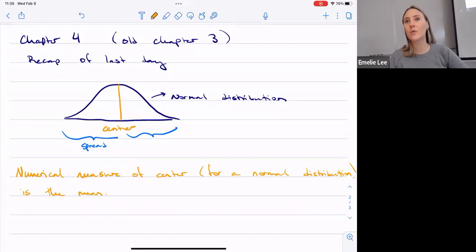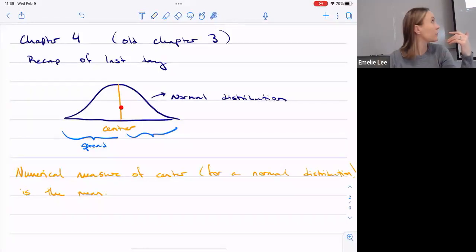Whereas if you have a non-normal distribution, which we're not going to talk about anymore today, then you should use the median as a more accurate measure of center, right? And so the numerical measure of center is the mean, and we know how to find the mean, and that's where this line is going to be.